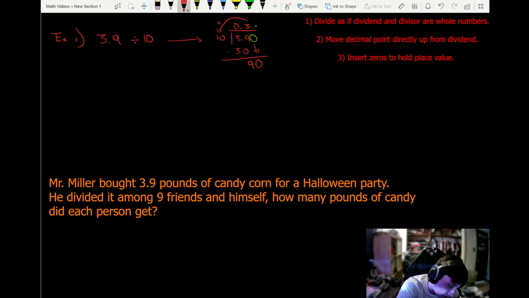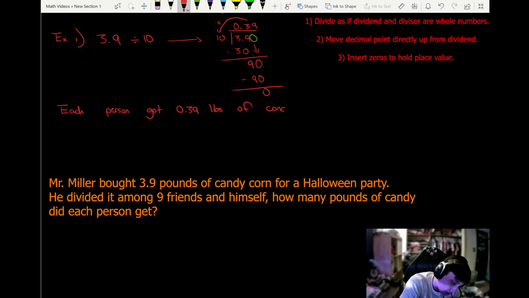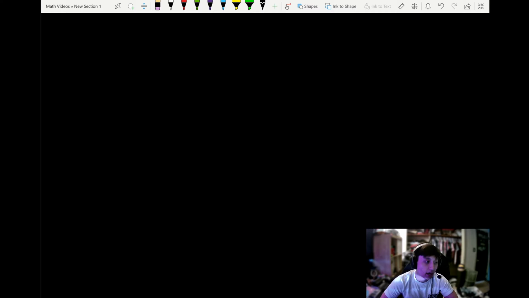That's 9 times, and 9 times 10 is 90. Then we subtract, and we're done. So we say each person got 0.39 pounds of candy. Okay, and now you're going to try one.